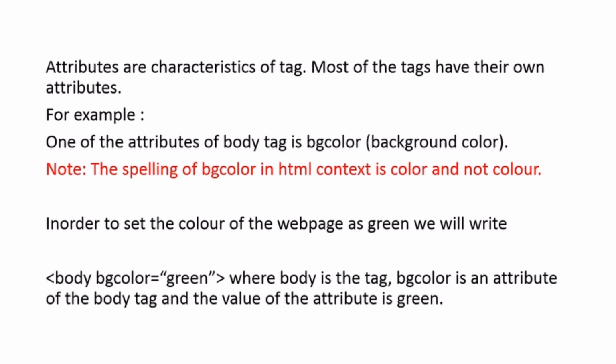We have this tag which is called body and BGCOLOR is one of the attributes of the body tag. So how do we write the command in HTML? We first open the angular bracket and then write the body tag, followed by the attribute which is BGCOLOR. The full form of BGCOLOR is background color and I have set the color of the web page as green.